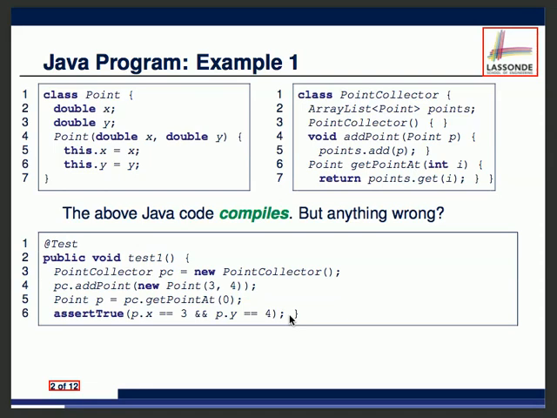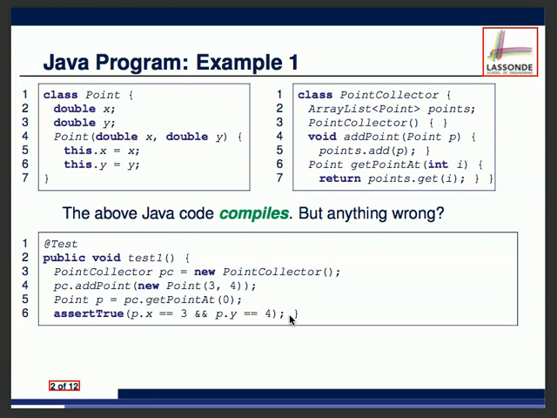Yes? I'm comparing integers to double. I think that's okay because p.x is double, right? And 3 will be automatically cast to 3.0. That's not an issue. Okay, how about I give you a little bit of hints?